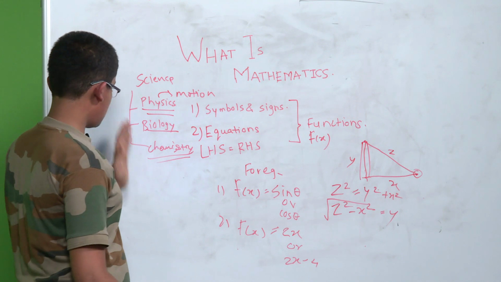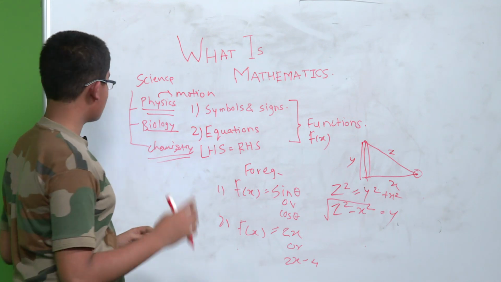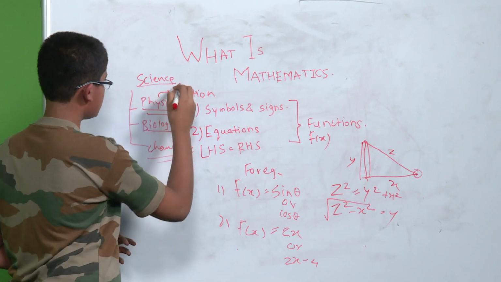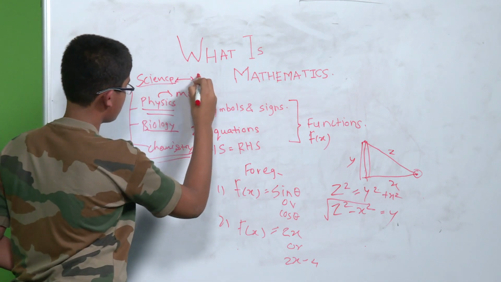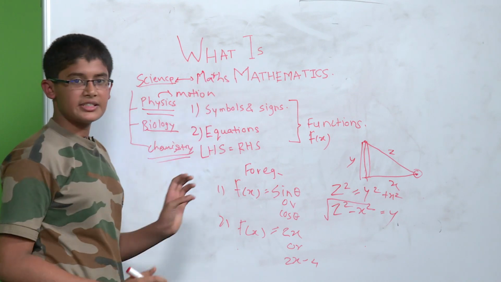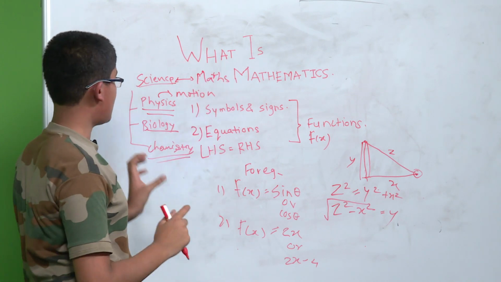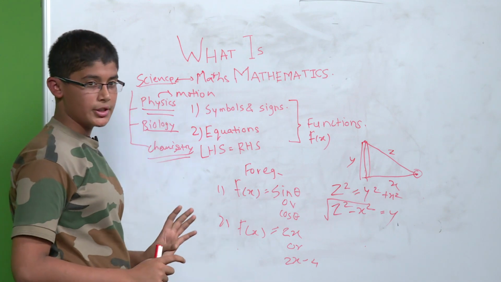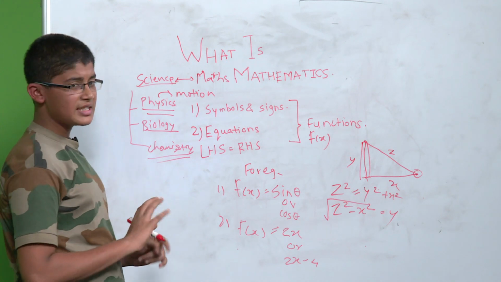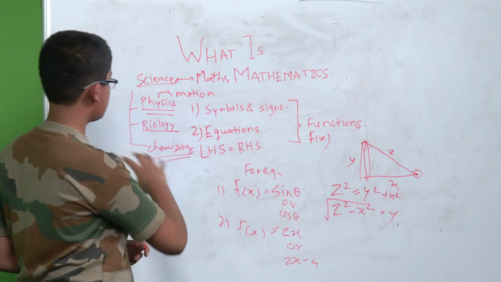So from this we can conclude that we use mathematics everywhere. Science is interlinked with math. Science and maths come together. Science cannot come alone and mathematics cannot come alone.